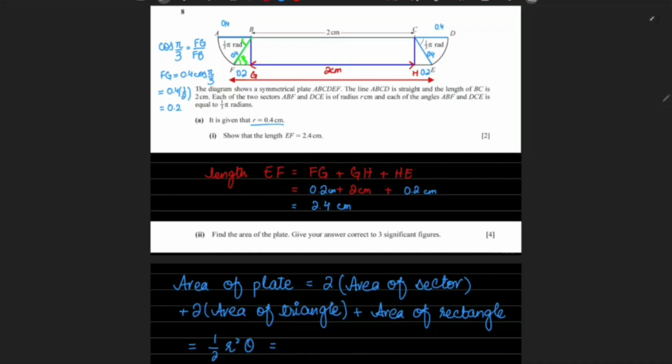The base is 0.2 and the height we don't know, so we have to find that as well. This is pi over 3. So this was FG.